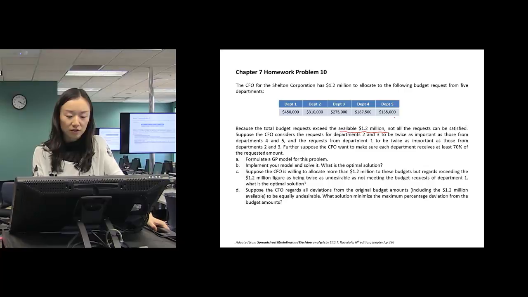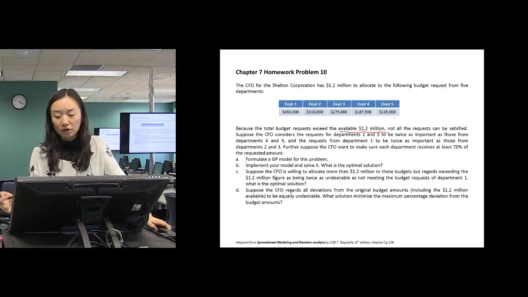Okay, then you need to decide what are those goals. Each of those departments have their request. Okay. So, when we talk about goals, goals represent the things that are desirable.